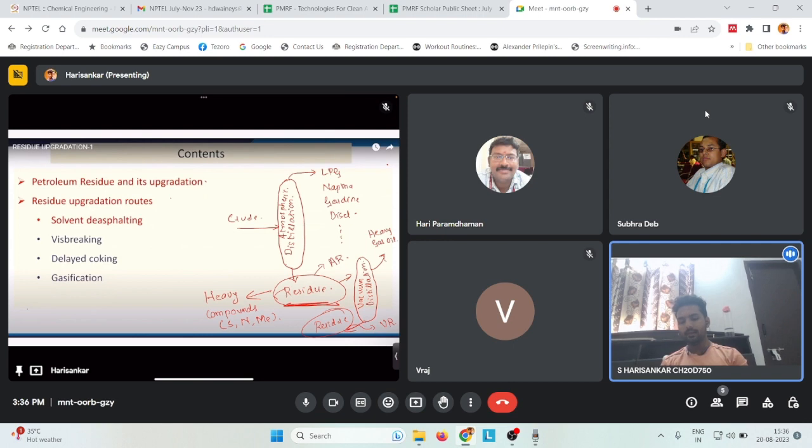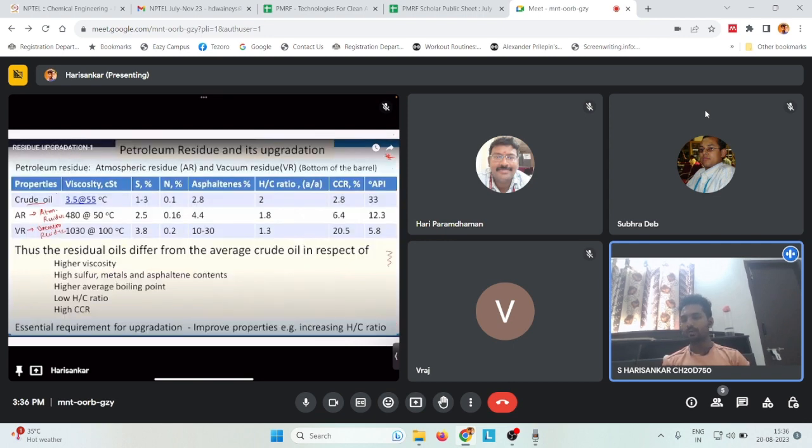So if you look at the properties of VR and AR and compare it with crude oil, we can see the sulfur content and the nitrogen content is slowly increasing, and the amount of asphaltenes or heavy aromatic compounds is also increasing. And we can see the API gravity is very drastically decreasing.